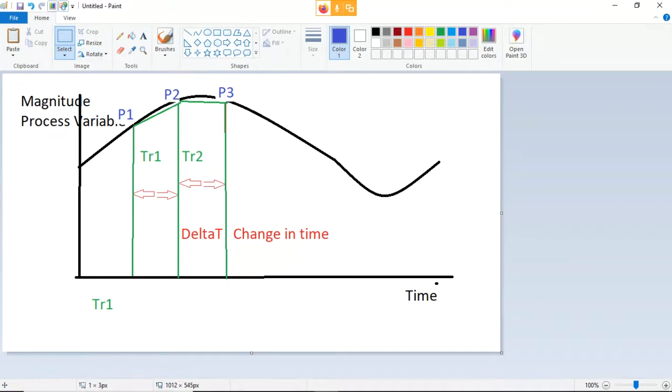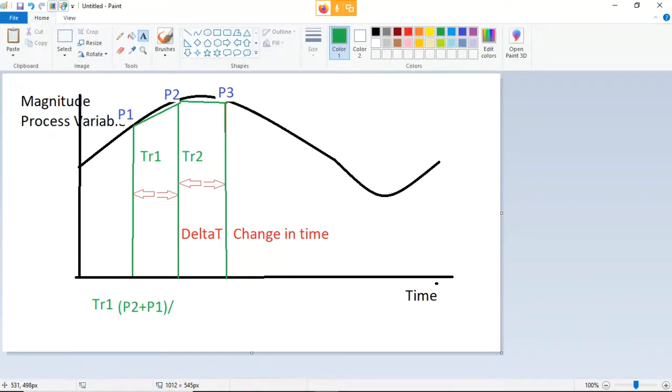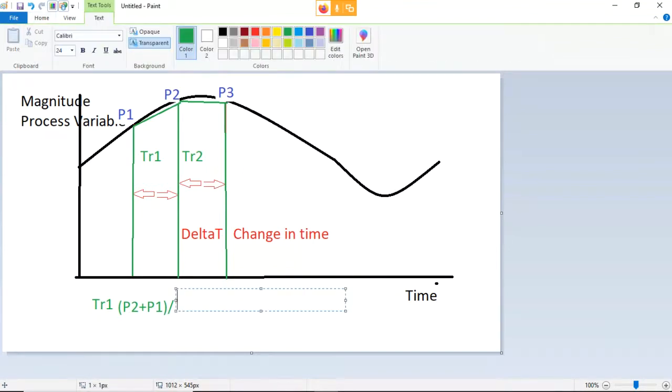So the area of TR1 is, it's a trapezoid. So it's 0.2 plus 0.1, divided by 2, times this delta t, which is the time.